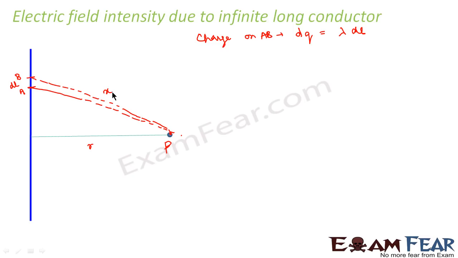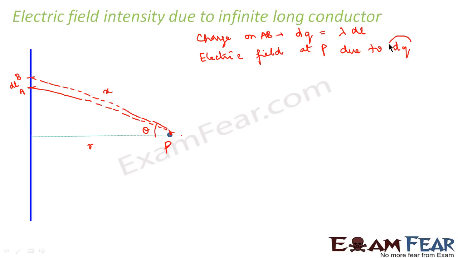Let us say that this distance is x and it is oriented at an angle theta. So we will calculate the electric field at point P due to dq.